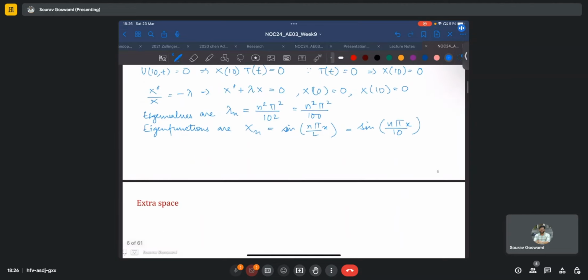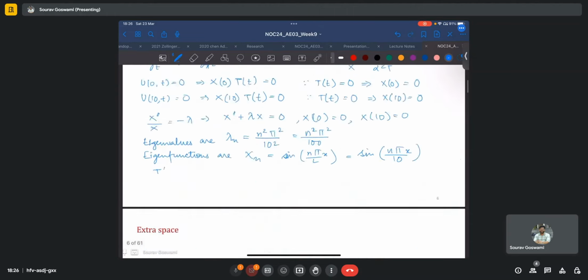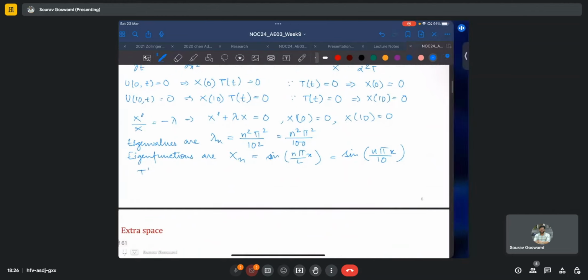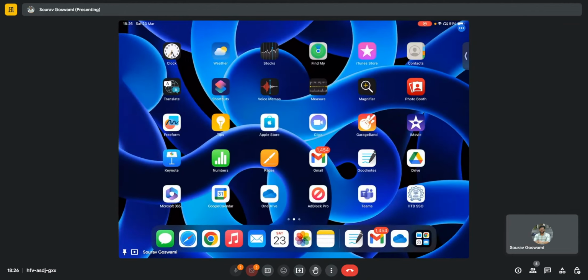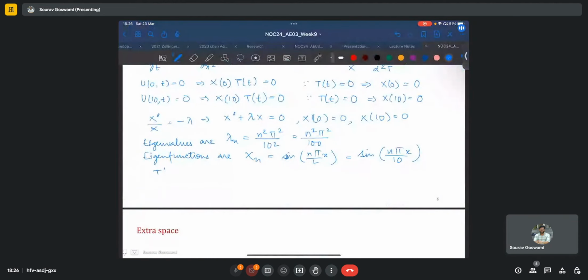Similarly, let us solve for T now. T prime by alpha square T is equal to minus lambda, which implies that T prime plus lambda alpha square T is 0. The value of lambda is already known to us.